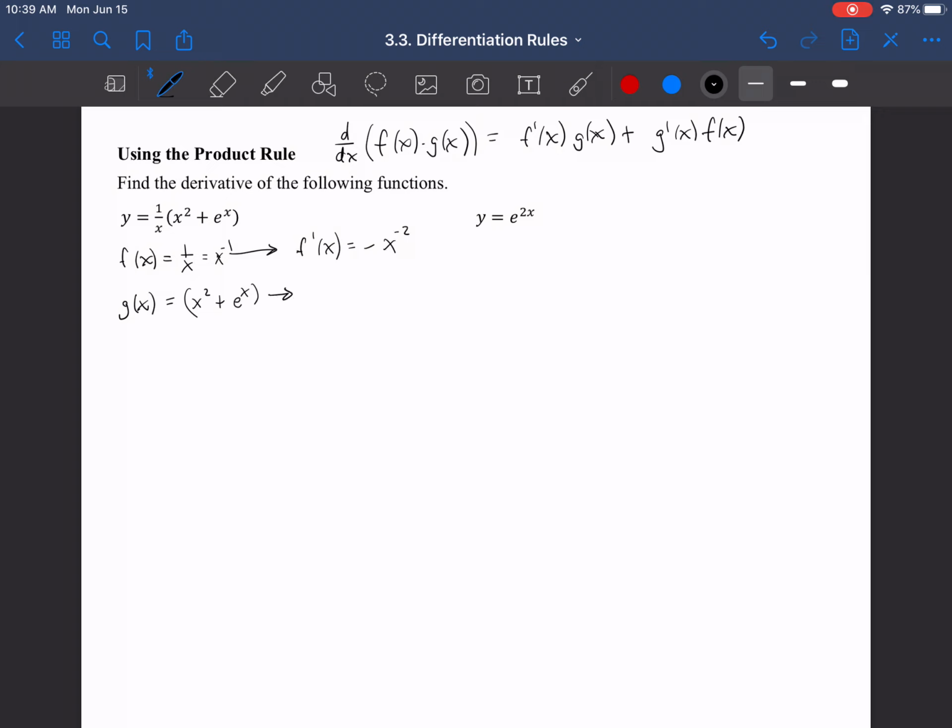For g of x, g prime of x is going to be the derivative of the first term, which is 2x, plus the derivative of the second term, which is just e to the x. Then we just need to combine them together.